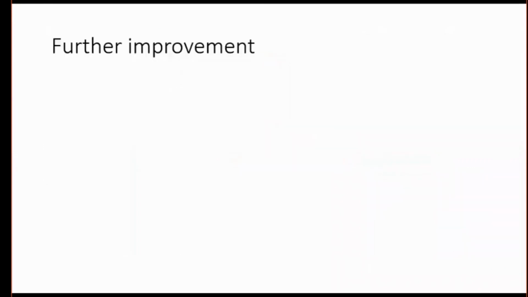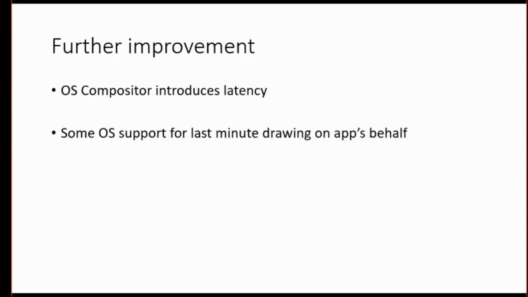In terms of further improvement, the OS compositor introduces a frame of latency itself. This is oftentimes just to compose the screen, basically. But an OS compositor could theoretically support this feature itself and draw the trail itself on the app's behalf. So the browser would just forward these points to the OS compositor, and it wouldn't have to do any drawing itself.